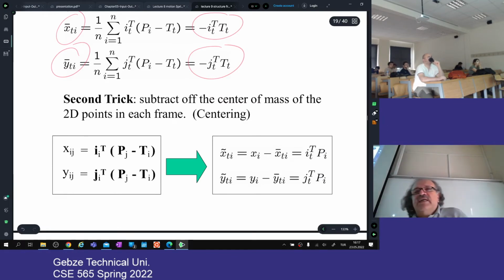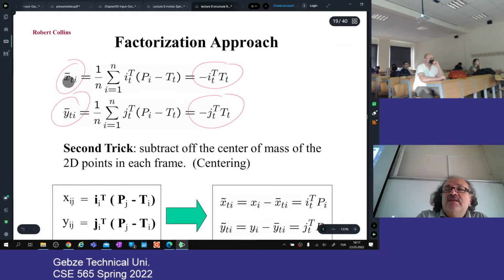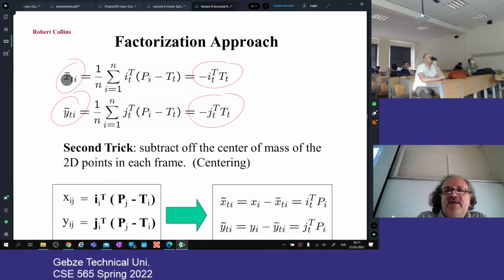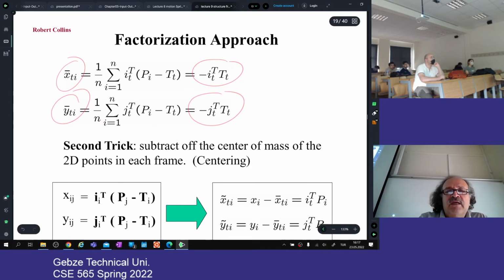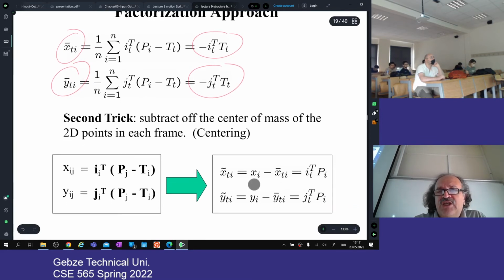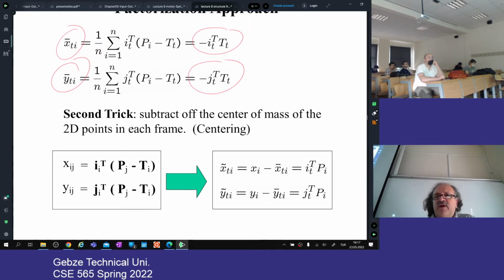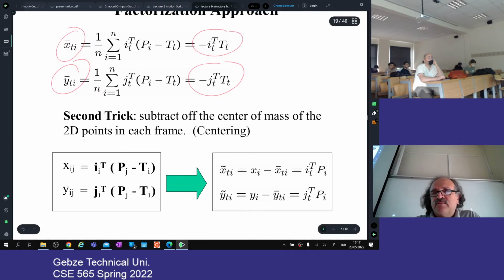Subtract off the center of mass of the 2D points in each frame. So remember, this is the center of mass of each image point for each image. Okay. If I subtract this value from each x_i, okay, I will get this one. And in fact, I can calculate this one too.